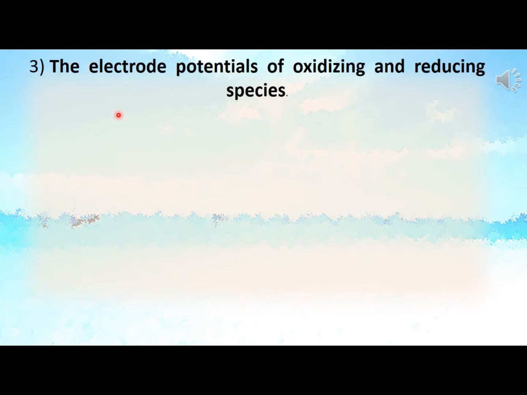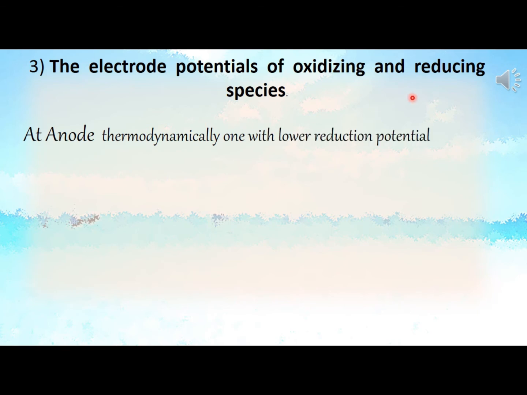The third factor on which the products of electrolysis depend is the electrode potential of oxidizing and reducing species. This we have already seen in our previous example.